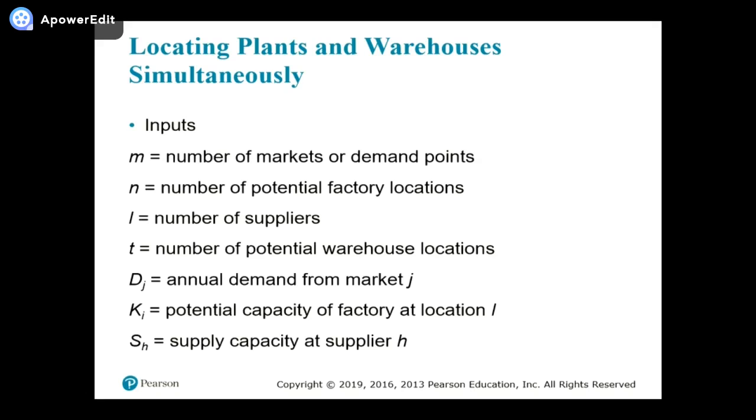So the structure of the problem is similar, although now we have added input parameters and added decision variables. Now, we need the total number of demand points, the total number of factory locations, number of suppliers, and number of warehouse locations.